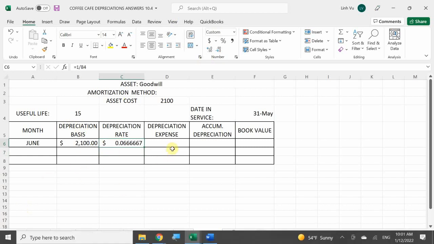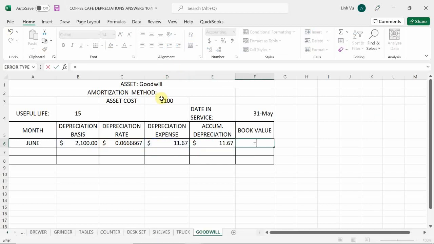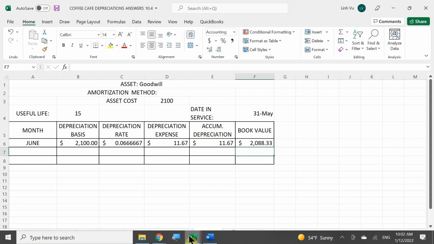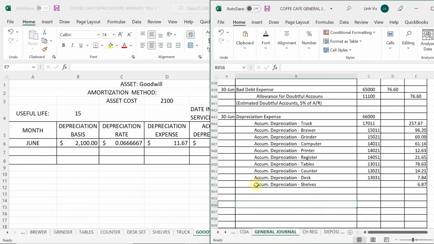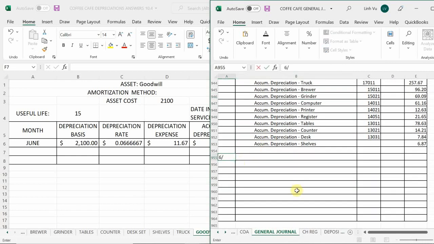Okay. And then, so what is going to be the amortization expense as of June? $140 divided by 12, $11.67. Okay. And because amortization is a completely separate thing, it is not the same as a depreciation expense.